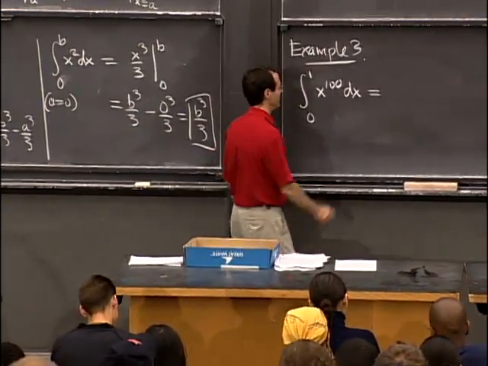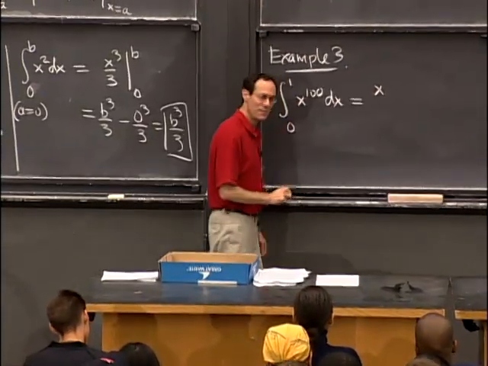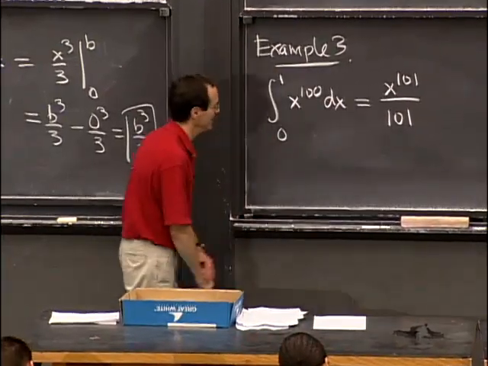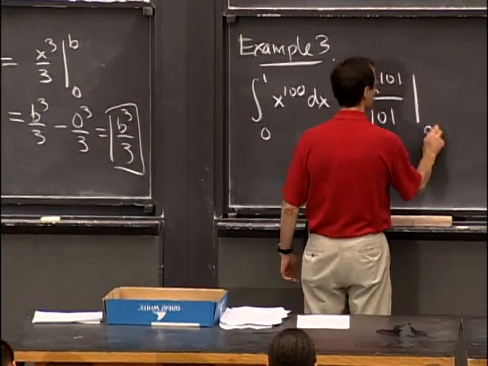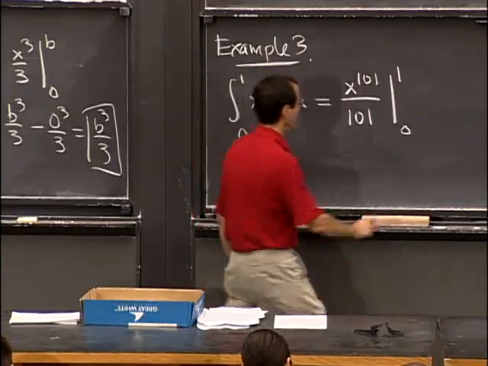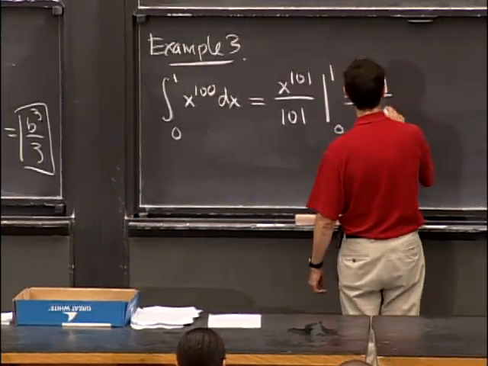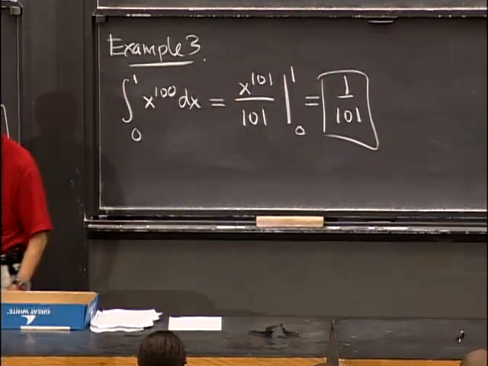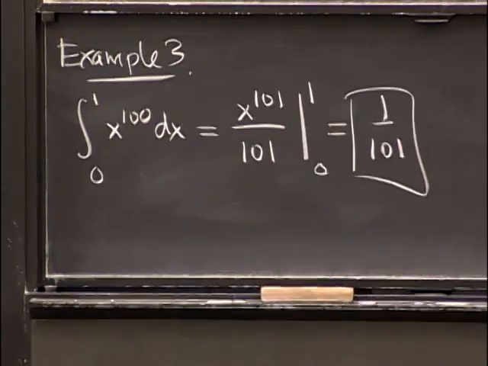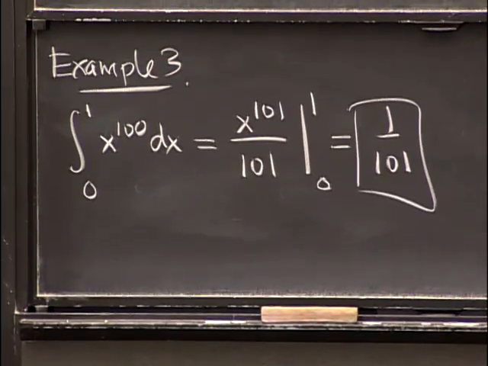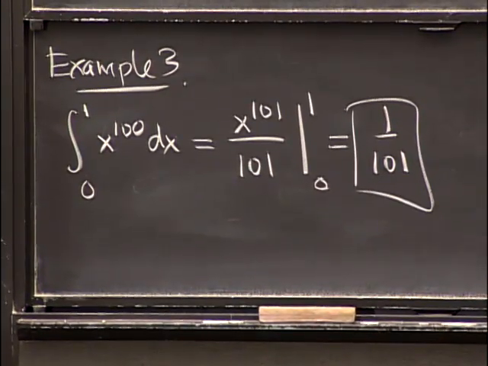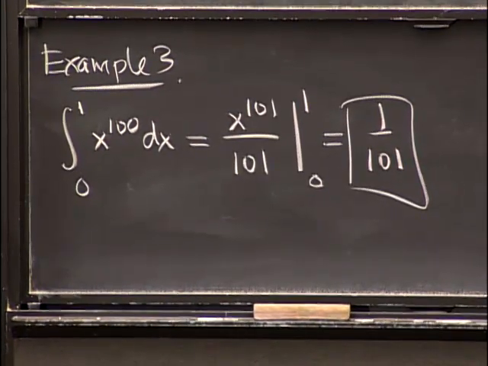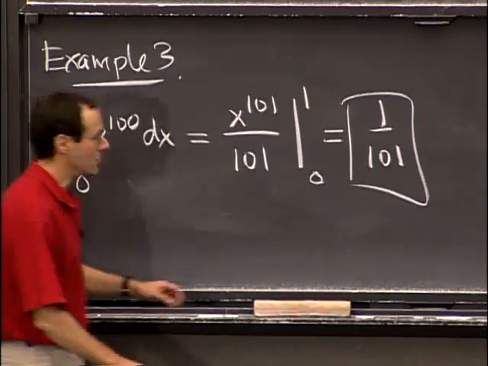So here we have the antiderivative is x to the 101 divided by 101, evaluated at 0 and 1, and that is just 1 over 101. Okay? That's that. All right. So that's the fundamental theorem. Now, this, as I say, harnesses a lot of what we've already learned all about antiderivatives.